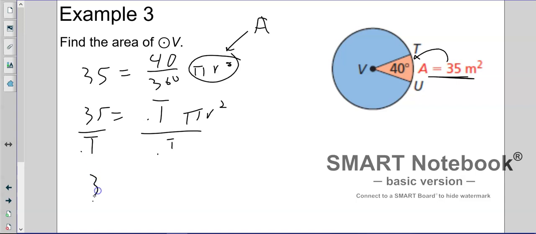We get 315 is the area. So 315 meters squared. So we're just working backwards that time. We knew the area of the sector. We're trying to find the area of the whole circle.